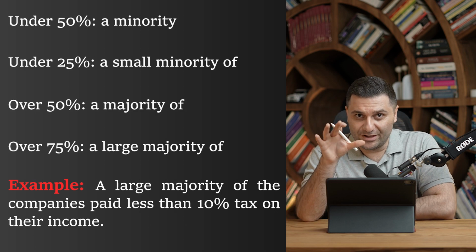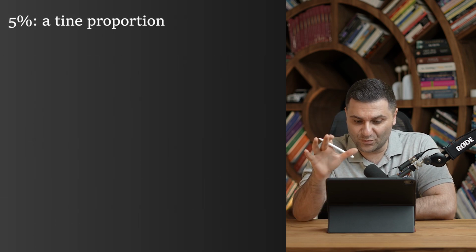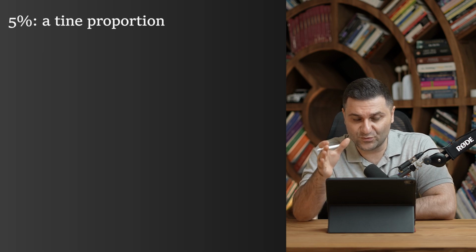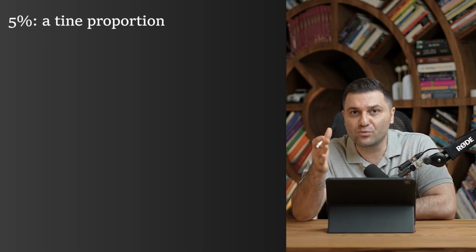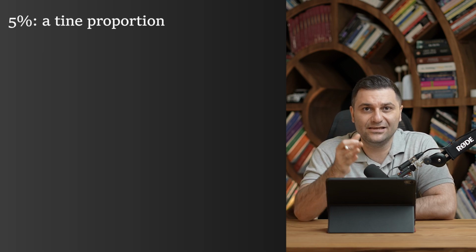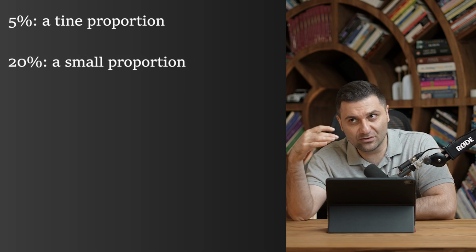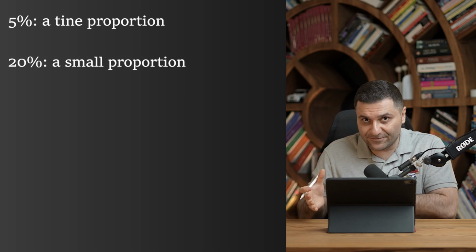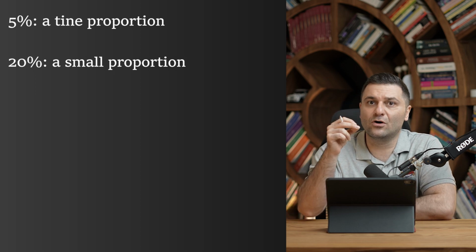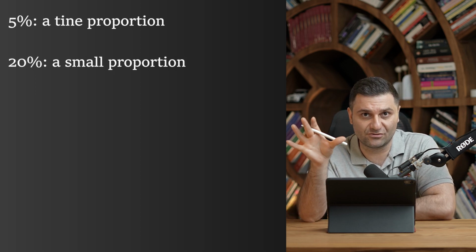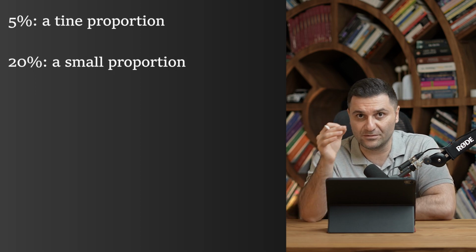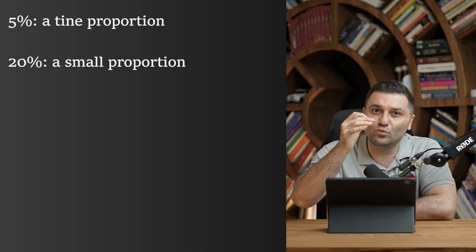Now let's work on other numbers. If it's 5%, instead of 5%, we can write a tiny proportion. If it's 20%, I told you to write 1/5, all right? So if there are two 20% in the graph and you want to mention all of them, for one of them you can write 1/5.